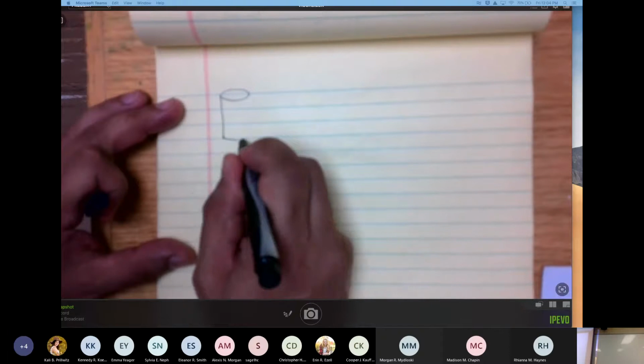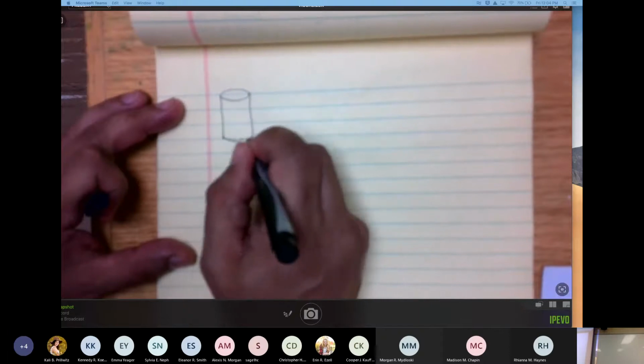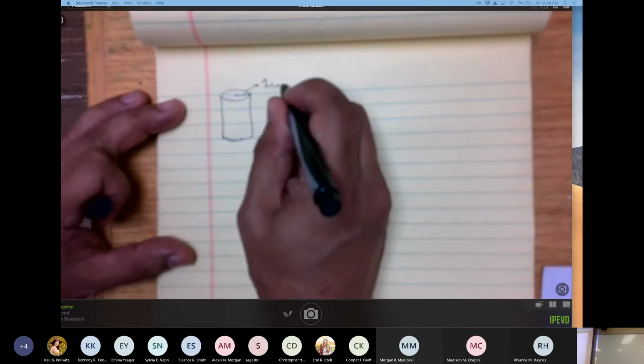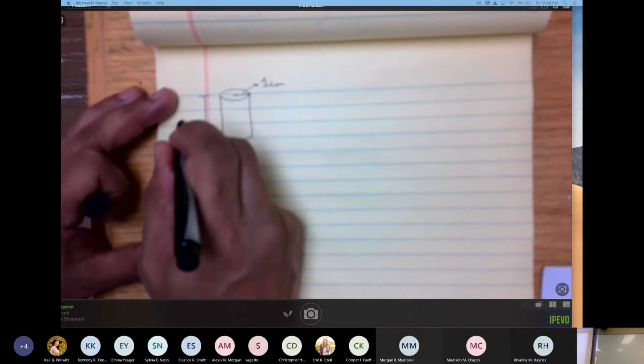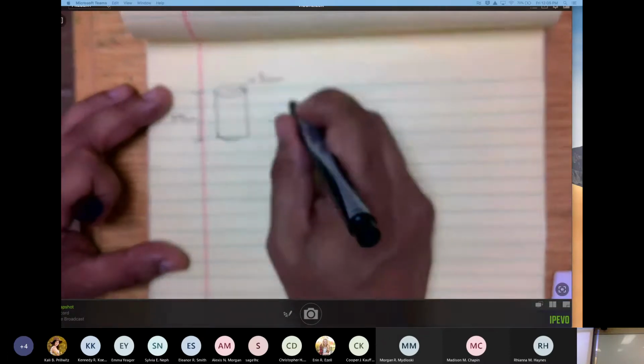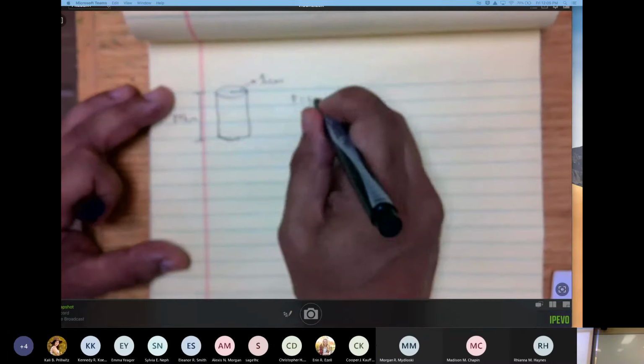Okay, so we have the bone, and I'm going to simulate the bone as a cylinder, just to make the calculations easier. I know that the radius is 1 centimeter, and the length is 50 centimeters. The force is going to be 100 kilograms times 9.8.